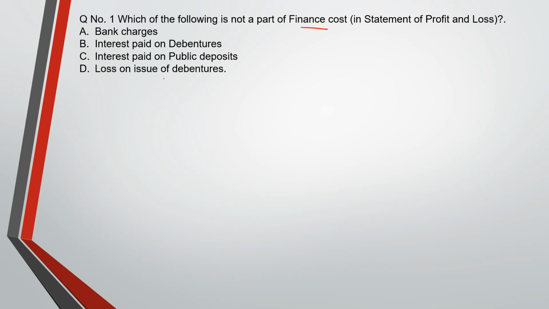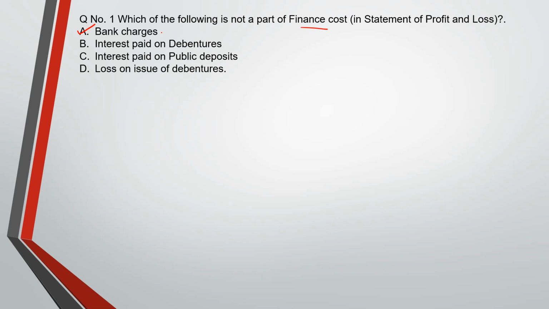And as I told you, debentures is a way of raising finance. And when there is a loss on issue of debentures, normally when it has been issued at a discount, at that point of time, we use this account loss on issue of debentures. So it is also part of finance cost. It is A, bank charges is not a part of finance cost because bank charges, although charged by a bank, which might be providing finance, but these charges which are levied are not related directly to the amount of loan that might be taken.